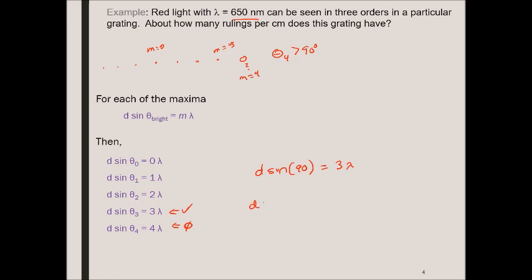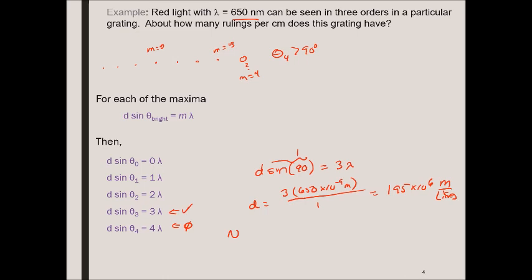And so if I solve that for d, d is equal to 3 times 650 times 10 to the negative 9th meters, all over the sine of 90, that's just 1. So we get d is equal to 195 times 10 to the negative 5 meters per line. And typically diffraction gratings are measured in lines per meter instead of meters per line.